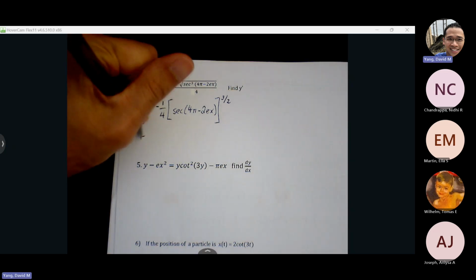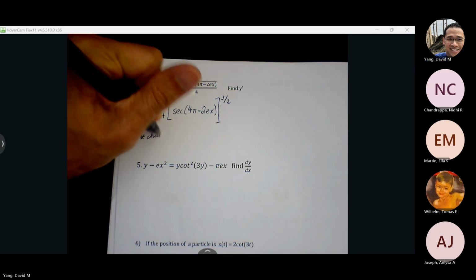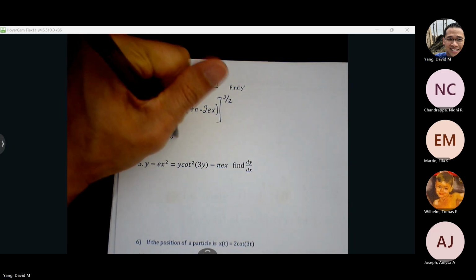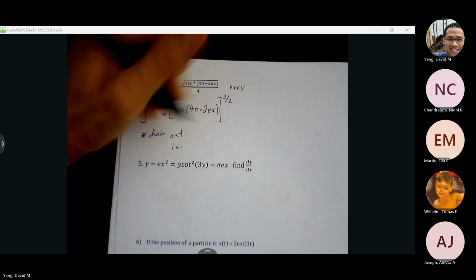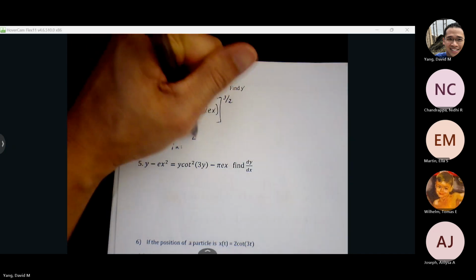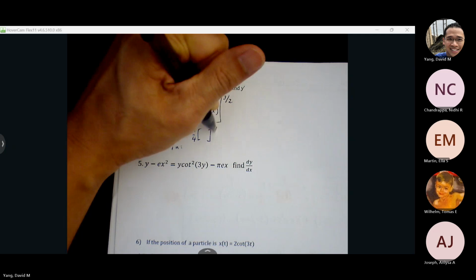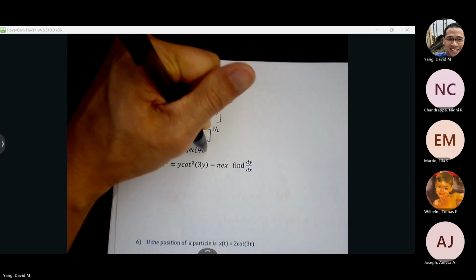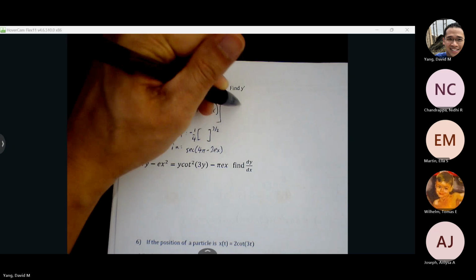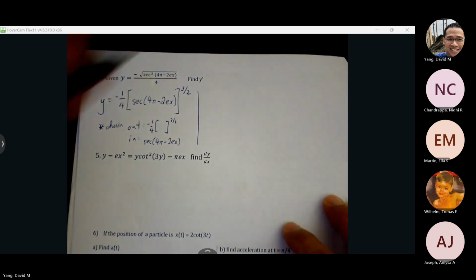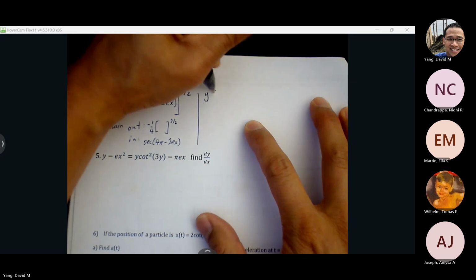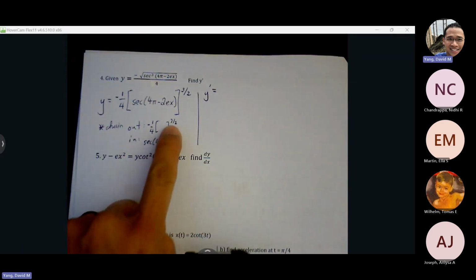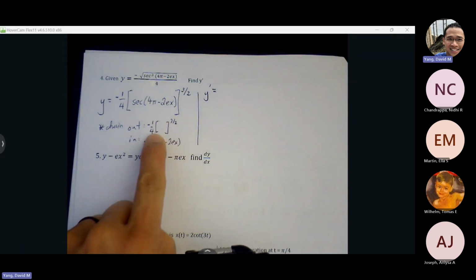Okay, chain rule. The outside derivative, go through power rule there, bring down the 3/2.